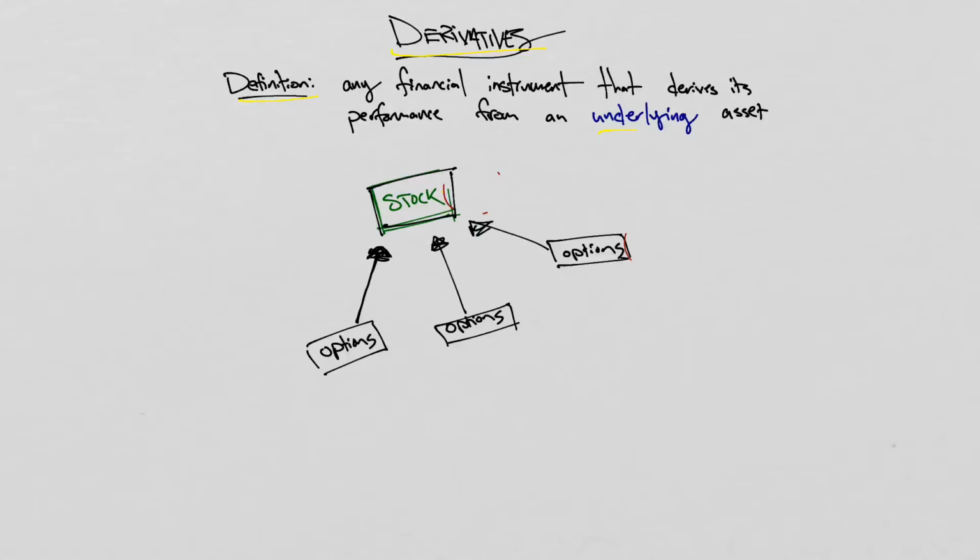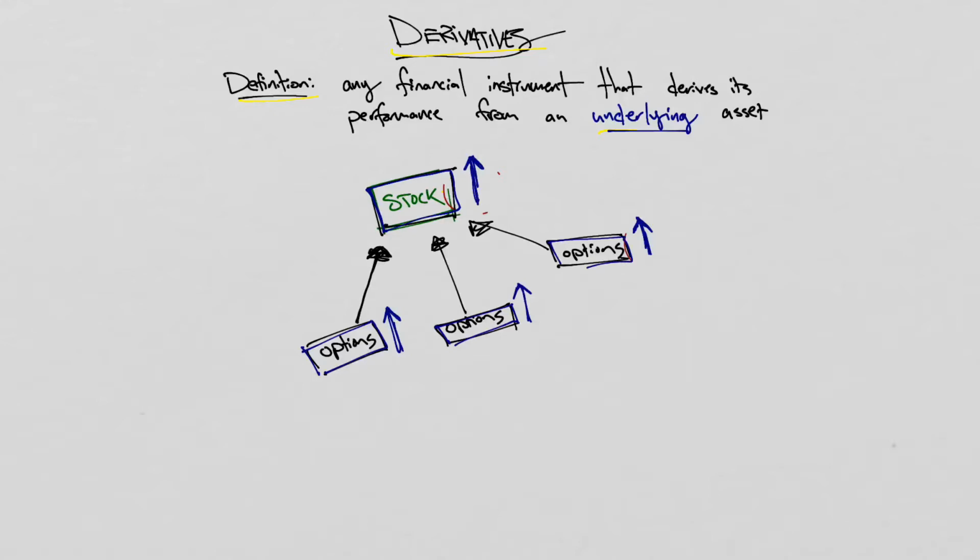So with options, because they're derivatives, if the stock price goes up, then the value of the options goes up as well. And likewise, if it goes down. So the underlying asset is the stock, and the derivatives are the options, since there are multiple options.